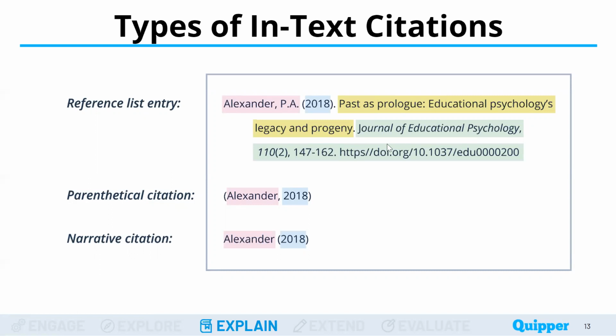Syempre maraming part ng research niya. Okay? So siguro ito part to ng conclusion. So Journal of Educational Psychology, and yung page, and pwede mong kunin din kung anong site mo nakuha.